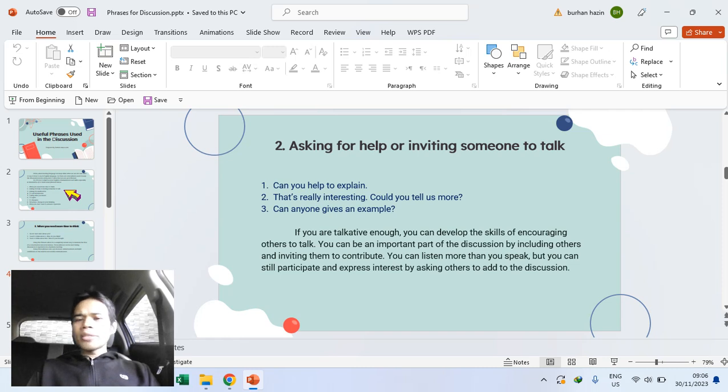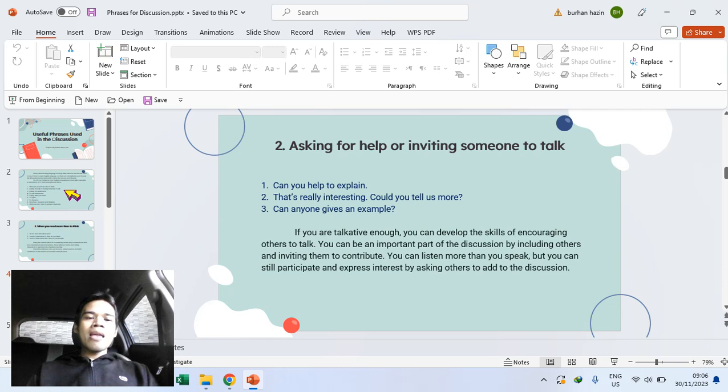If you are talkative enough, you can develop the skill of encouraging others to talk. You can be an important part of the discussion by including others and inviting them to contribute. You can listen more than you speak, but you can still participate and express interest by asking others to add to the discussion. So this is the function of the phrases we learned for asking for help or inviting someone to talk.